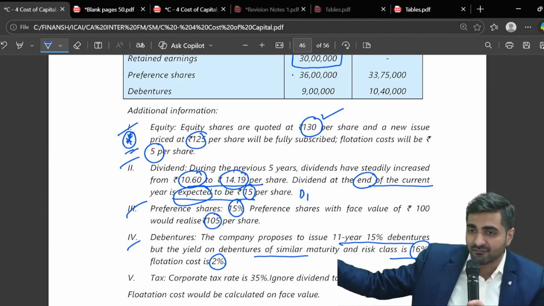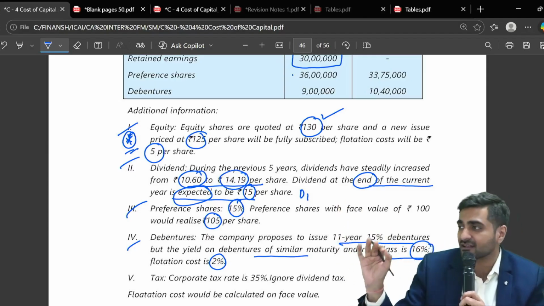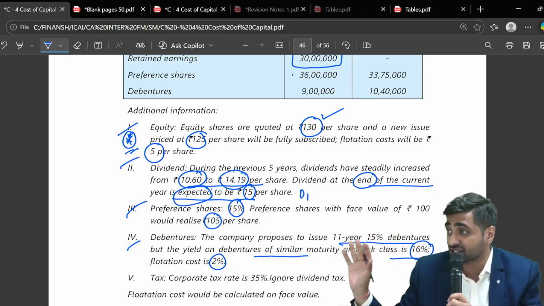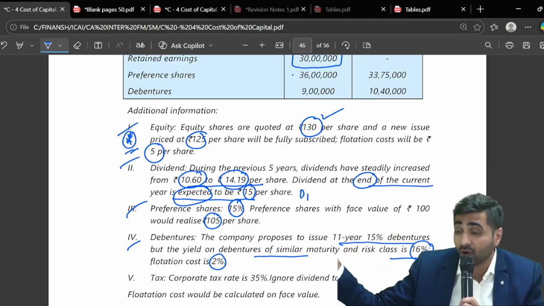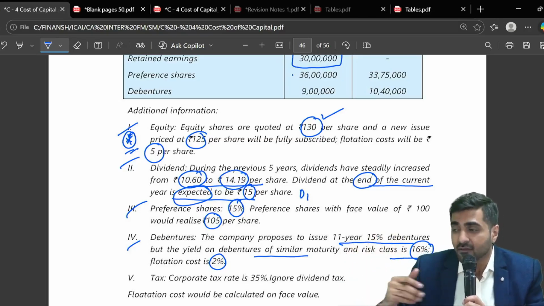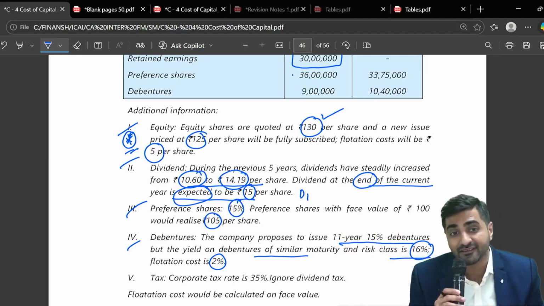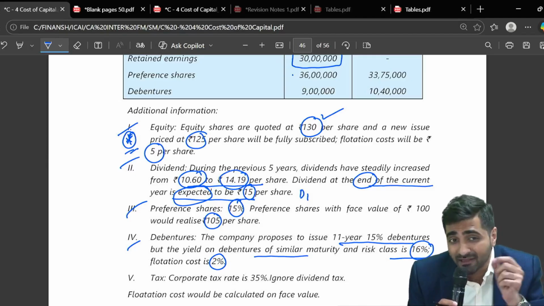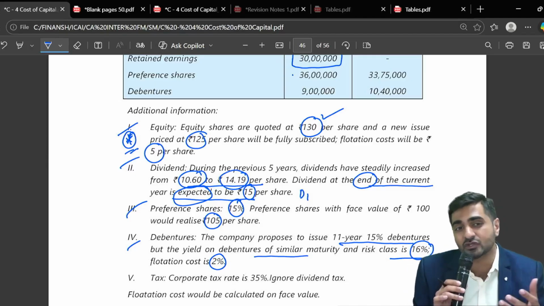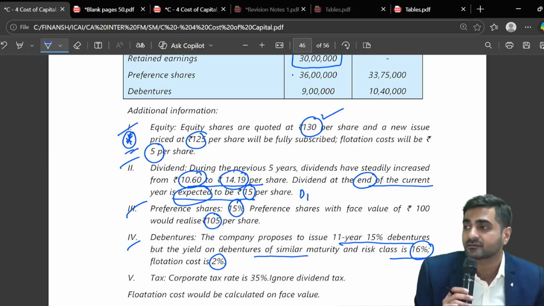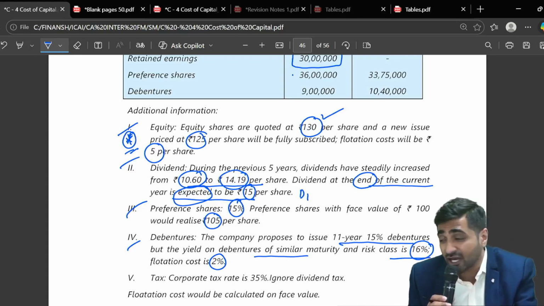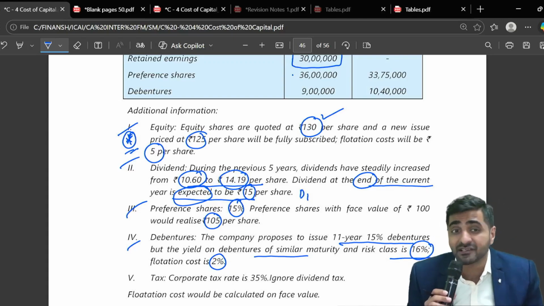My competitors are providing 16. If I issue the debentures at 15%, will people subscribe to it? No. So to make them subscribe, shouldn't I issue those debentures at some discount? Only if I issue at a discount will people buy my debentures. Yes or no?